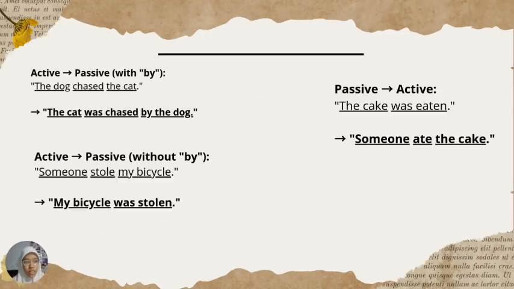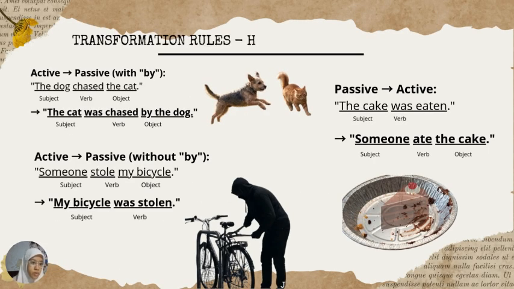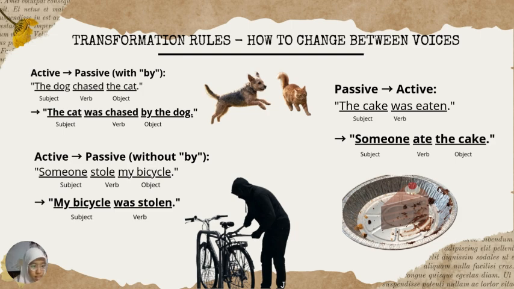Okay, now let's move on to the transformation rules. How to change between voices. Let's look at the active becoming passive voice with a by phrase. The dog chased the cat. So, to make it passive voice, we must identify the verb or the tense in the active voice sentence. Because in the active sentence, we use the simple past tense.